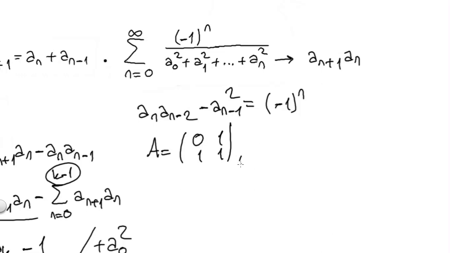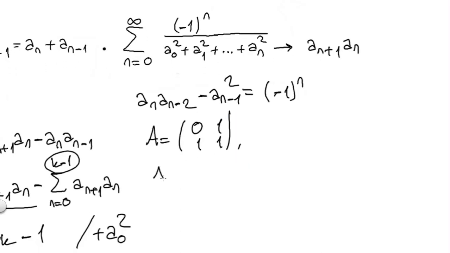If I look at A squared, it's 0, 1, 1, 1 times 0, 1, 1, 1. This row times this column gives 0 times 0 plus 1 times 1, which is just 1. This is going to be 1, this is 1 again, and this is 1 plus 1, which is 2.